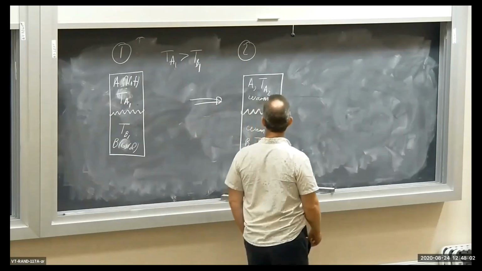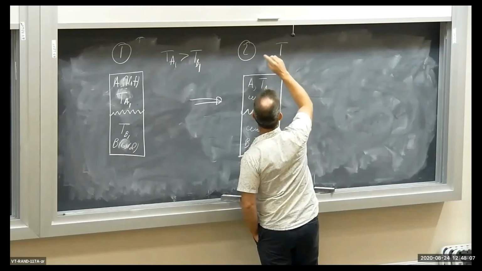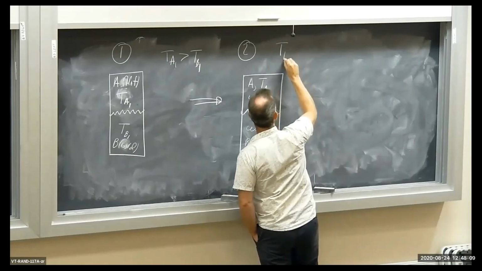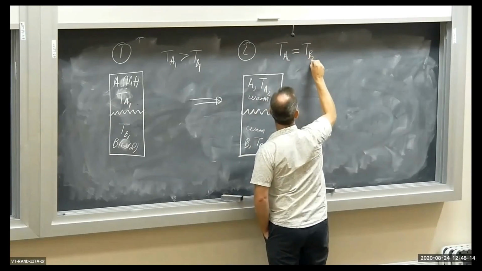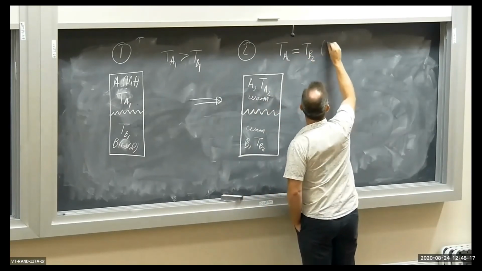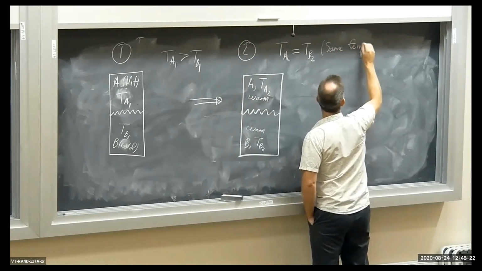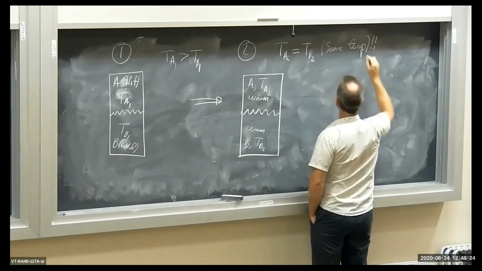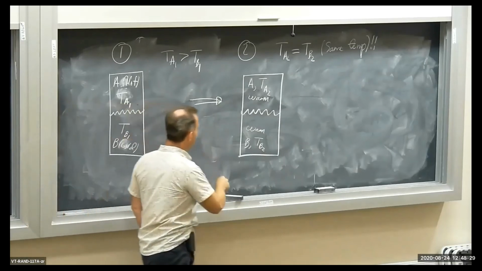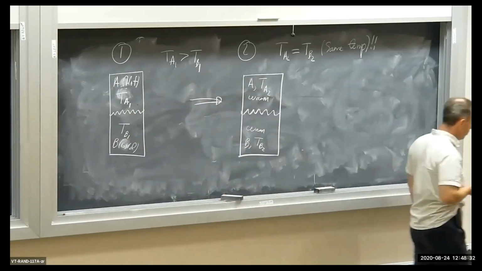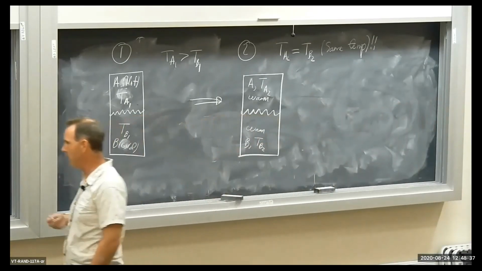And what we'll find is the temperatures of the bars will be the same at state 2, the final state. So TA2 will be equal to TB2. Same temp. Hot bar, cold bar, you wait long enough, they're in thermal contact with each other, and they become the same temperature over time, okay?